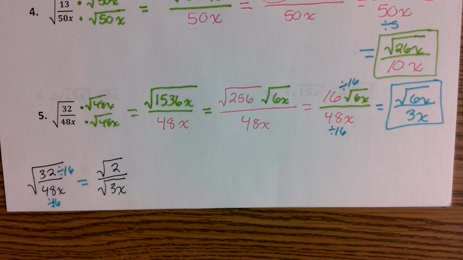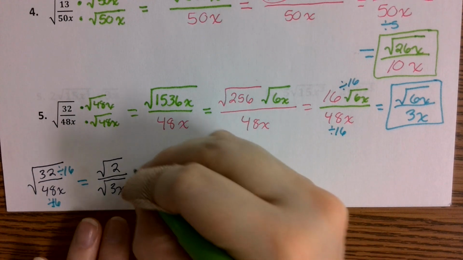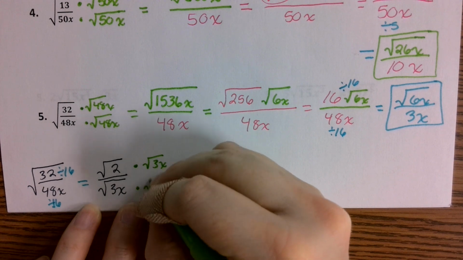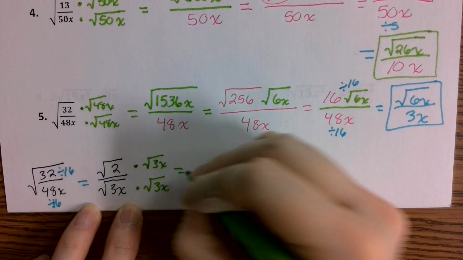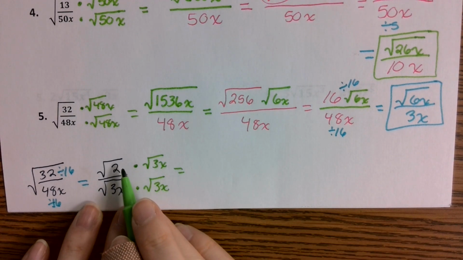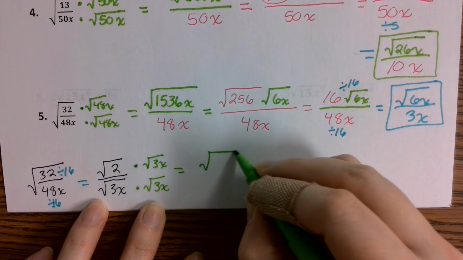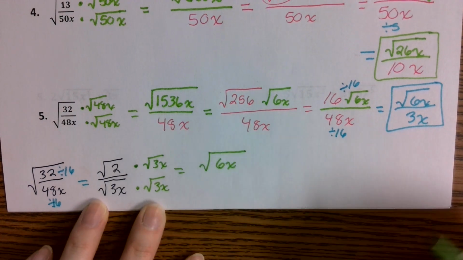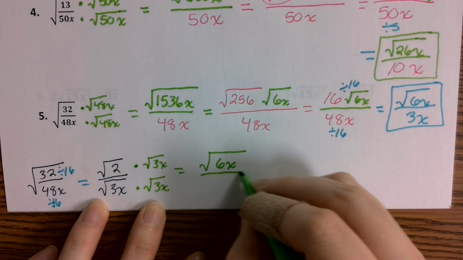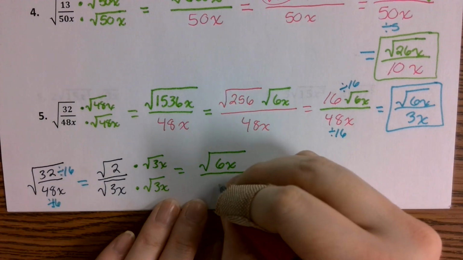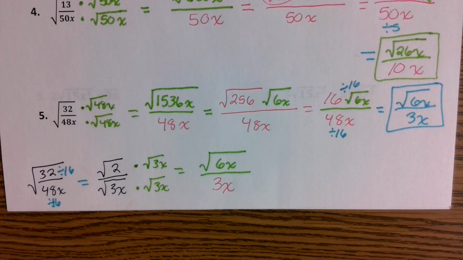All I would have to do then is rationalize the denominator. Multiply both the numerator and the denominator by square root of 3x. What's 2 times 3x going to give us? 6x. So I get square root of 6x. And then, of course, square root of 3x times square root of 3x is just going to give us 3x, right?